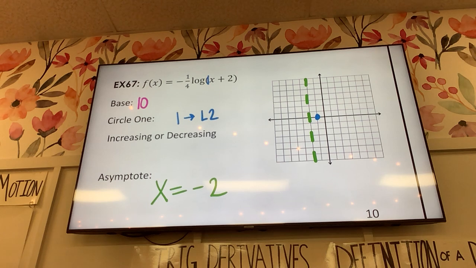Now, do you see this negative in the front here? That negative is going to make this 10 become a decay. So this guy here is going to reflect over the x. Normally what would go like that is going to flip around and go like that.